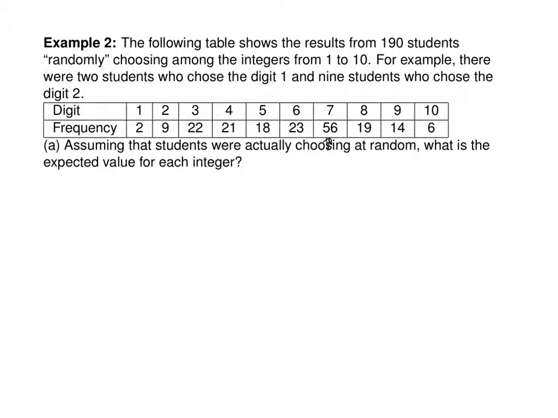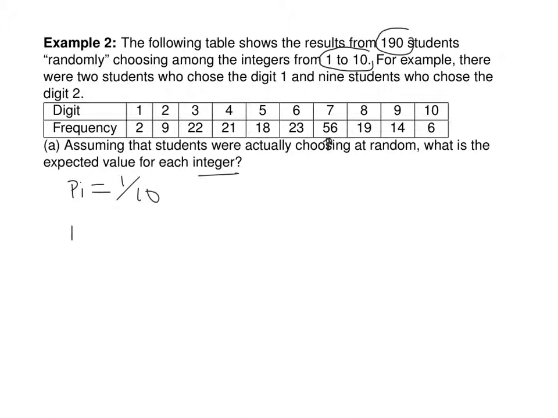So if we had 190 students that chose numbers between 1 and 10, there are 10 numbers there. If they were actually choosing completely at random, what is the expected value for each integer? Since there are 10 integers, and assuming each of them is equally likely, the probability of each integer is 1/10.